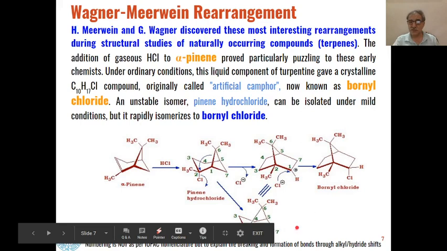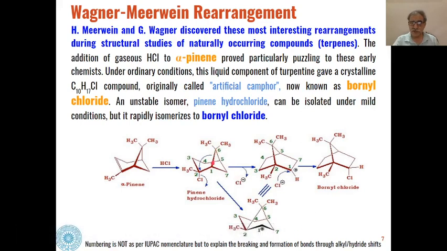You can see that the bond between 1 and 6 migrates to position 2. So this 6 gets attached to 2, and it gets detached from position 1.